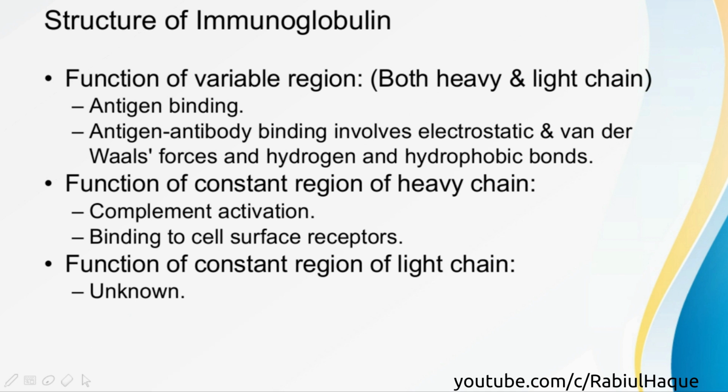What is the function of constant region? It has several functions. They include complement activation and binding to cell surface receptor. But we are talking about the constant region of heavy chain. The function of constant region of light chain is in fact unknown.